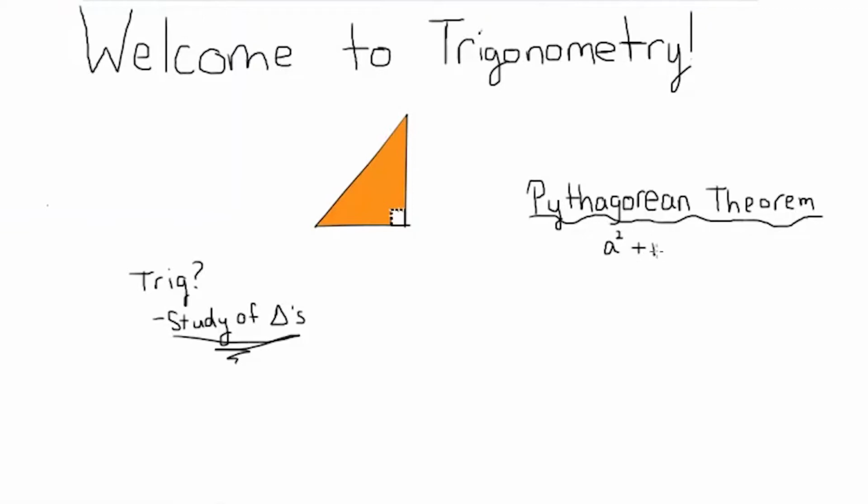Now it's very important to differentiate between each part of the equation, because we have three letters, A, B, and C. A and B would each be a leg, so this would be A, this would be B. Each is a leg, and C is the hypotenuse.